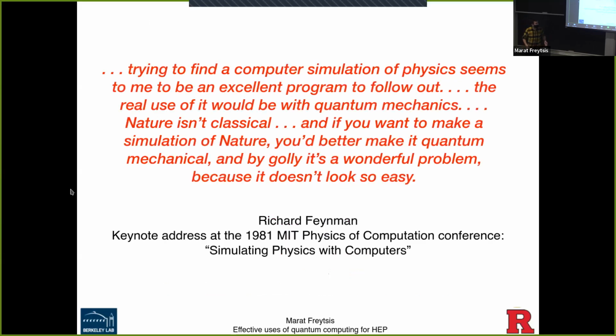But this is where this observation comes in. This was a point made by Richard Feynman over 40 years ago. Given that these are intrinsically quantum processes, it would be interesting if we could figure out some way to have a quantum mechanical computer that could do these calculations for us.